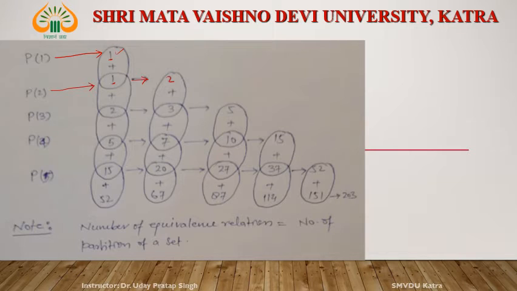Now, what is P3? Write this 2 here, this 2 here, right? Then what is P3? P3 is 5. We already evaluated that, right? Then 2 plus 3, that is 5.